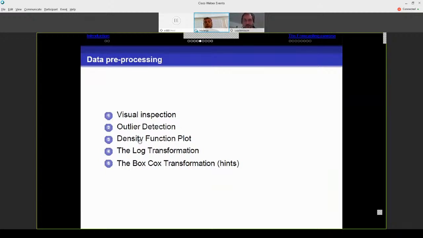Then we are going to see something called a density function plot. Then we are going to analyze some transformations, the log transformation, so when we need to log transform our data.